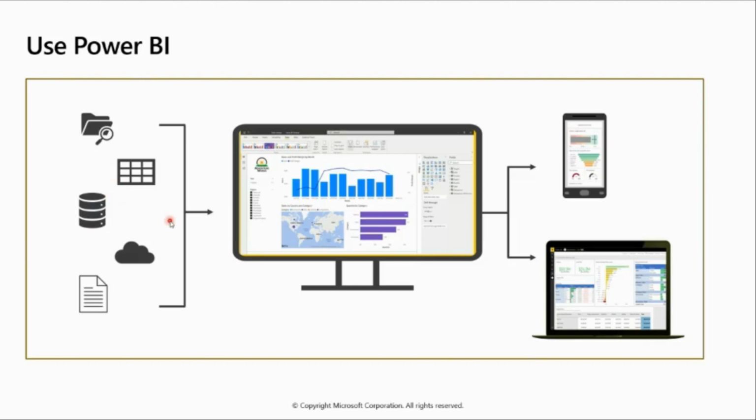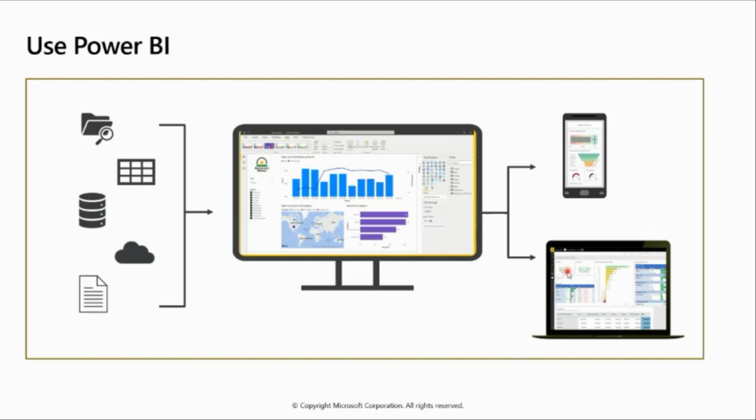That source travels all the way to this. This is what we call the Power BI desktop. So first we bring data to Power BI desktop. We design and develop our reports first of all by using Power BI desktop. And then we do the task of publishing these reports. This report will be published to both your mobile devices and to your SaaS portal, software as a service portal.